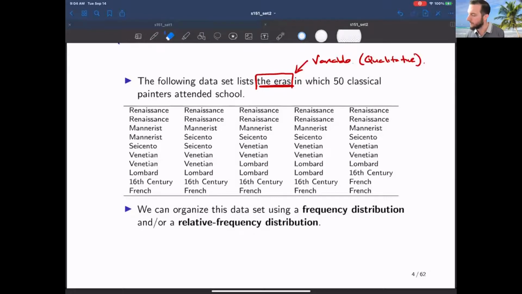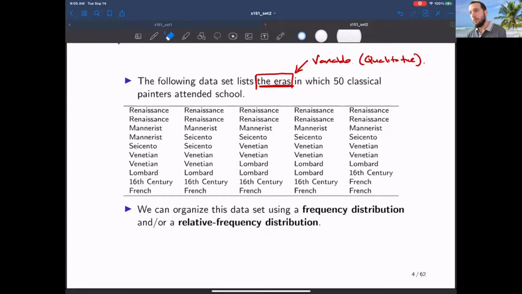There's the Renaissance era, the Mannerist era, the Cinquecento era, the Venetian era, the Lombard, the 16th century, and the French era. So 7 different eras classifying when a different painter went to school. So again, this is qualitative data with 50 observations, and a qualitative variable, which is the era in which the painter went to school. That's the thing we are measuring, and we have 50 values corresponding to that variable.